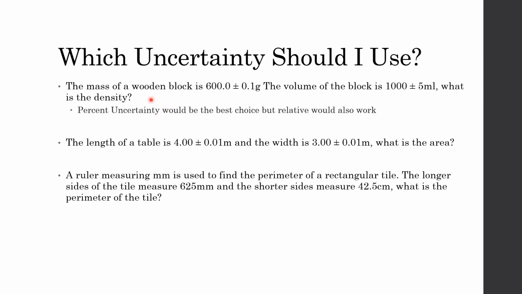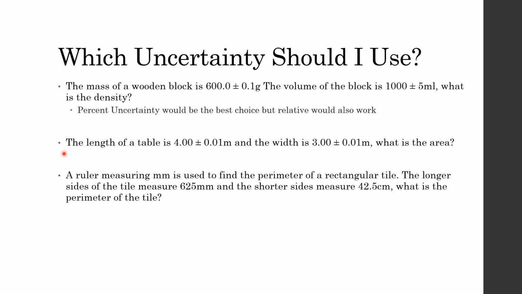The reason that I choose percent uncertainty over relative uncertainty is because there is a huge difference between our measurement and our uncertainty. And so by using percent uncertainty, we'll be able to see a little bit more of that precision in our uncertainty without violating any significant digits rules.